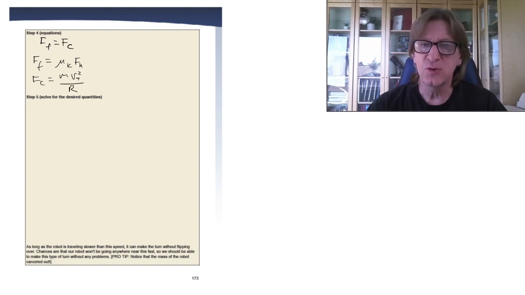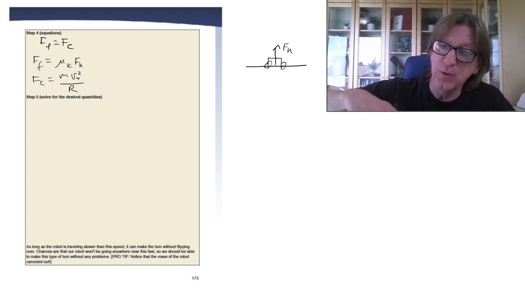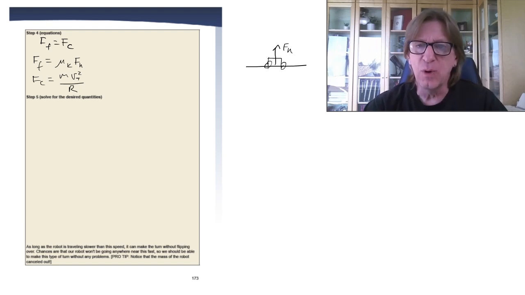So let's draw this from the side, since our normal force is going to be vertical. So here's our robot going around the turn. That's going to be my normal force. Now, ideally, it's neither sinking down into the road nor is it launching itself off. And remember, that's a possibility here. So what we want then is for them to be in equilibrium.